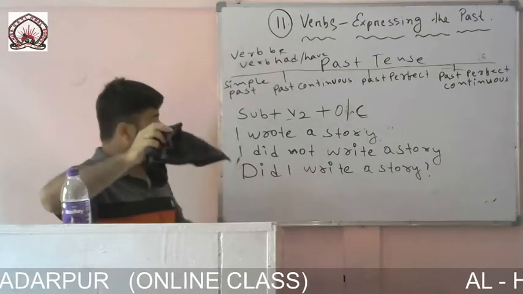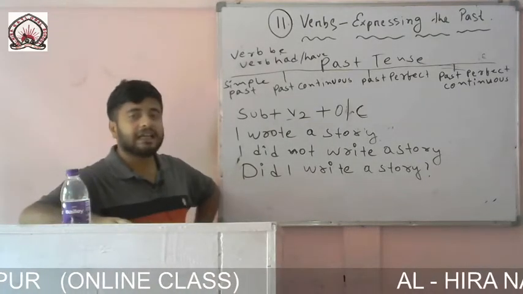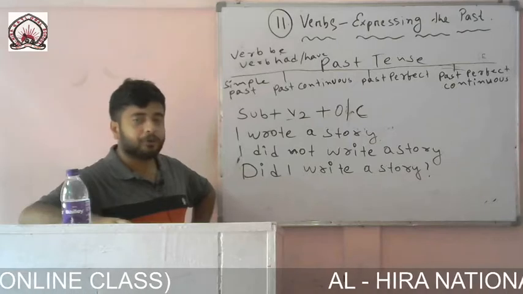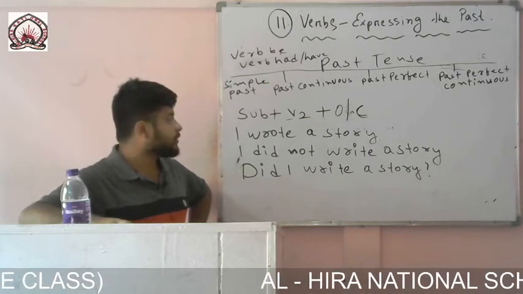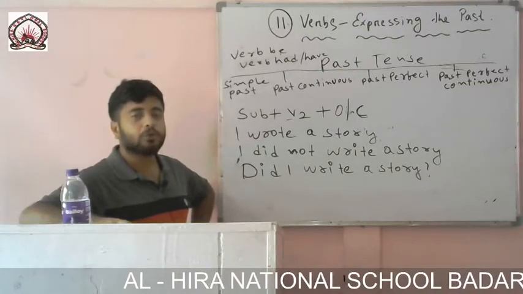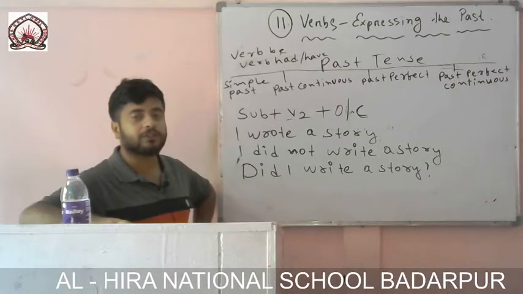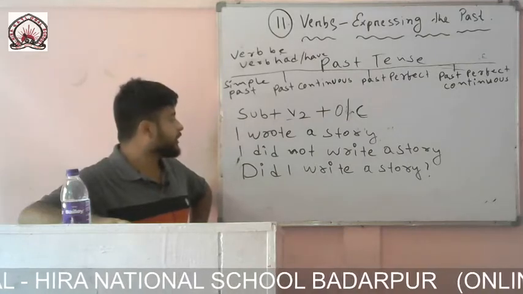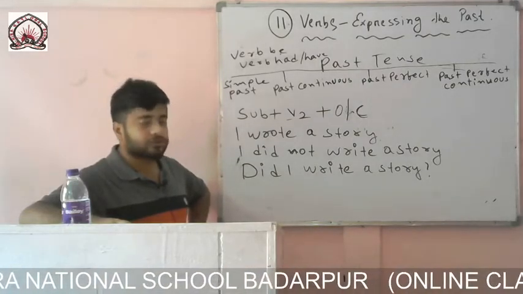Now, as I told you earlier, in simple past we can also write sentences without the help of the second form of the verb. With the help of the past tense form of the verb, we can also write the sentence.